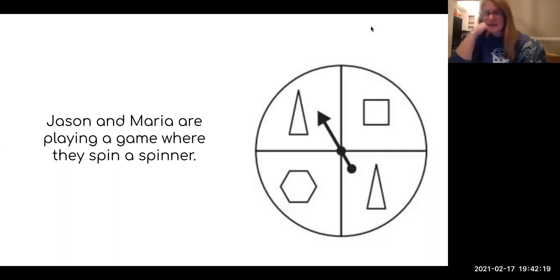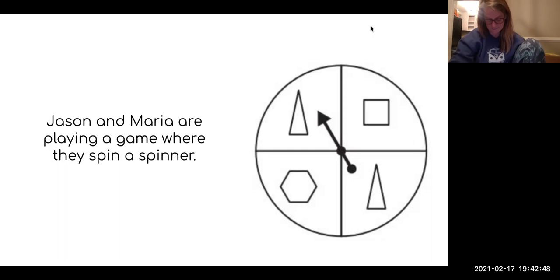It is more likely that we would spin a triangle because there are 2 out of 4, whereas with the square, it's 1 out of 4 pieces, and the hexagon is also 1 out of 4 chance that we would spin that. So you are most likely to spin a triangle because it takes up half, or 2 out of the 4 pieces.